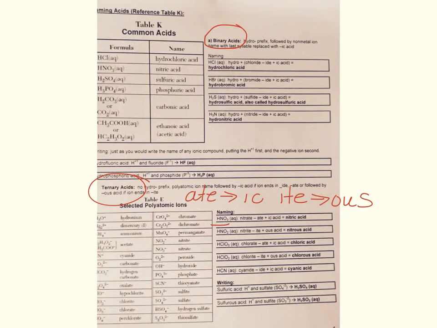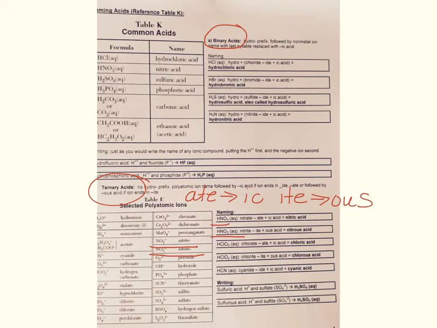So if you look at the acid here on the right, you have HNO3. NO3 is the nitrate ion. So we take the ate on nitrate and we turn it to ic, and we make it nitric acid. Unlike HNO2, which is the nitrite ion, we change that to ous.